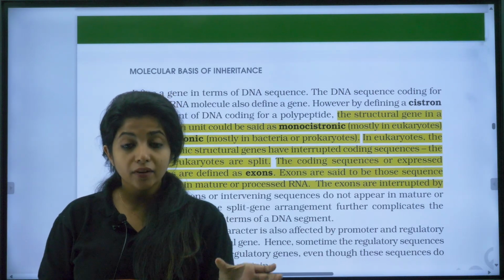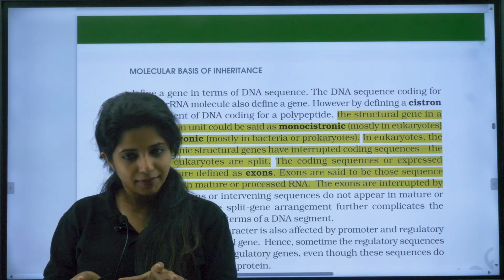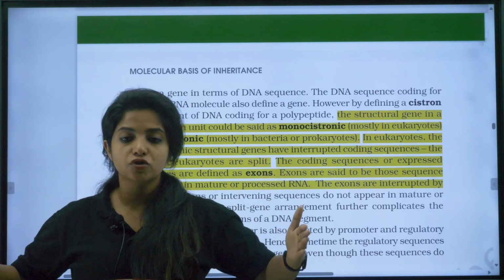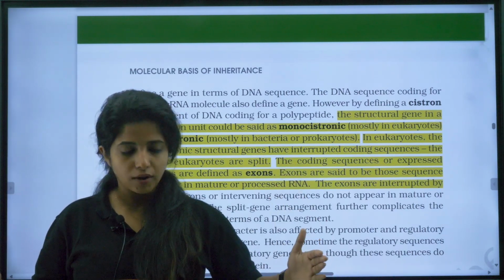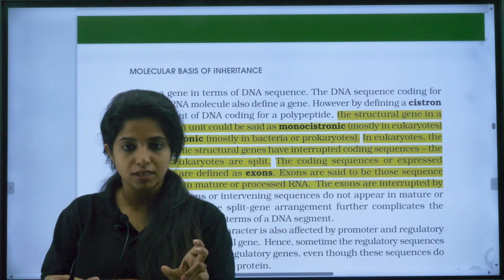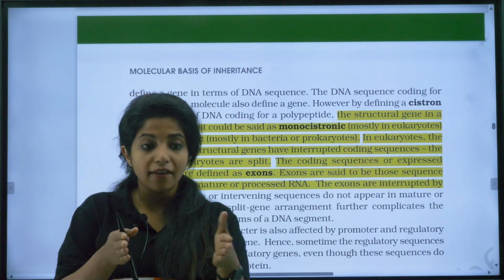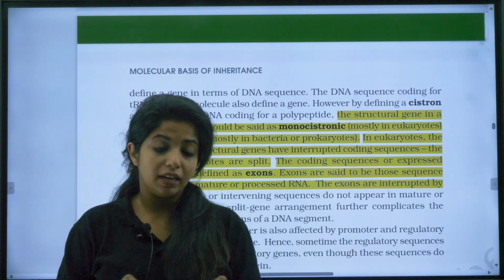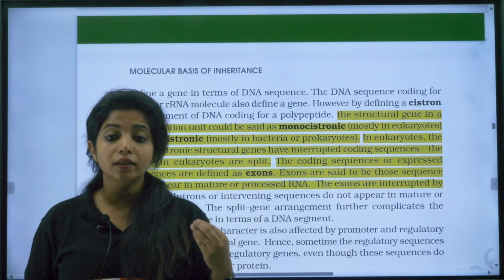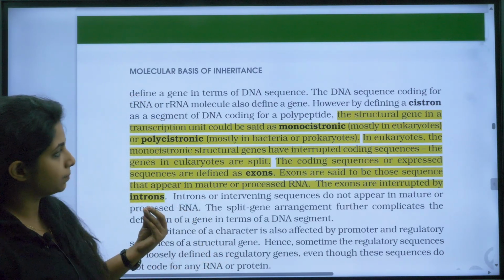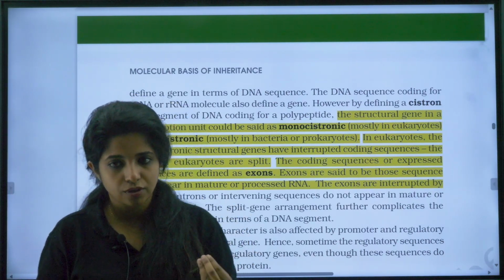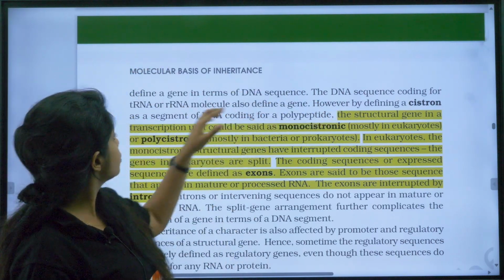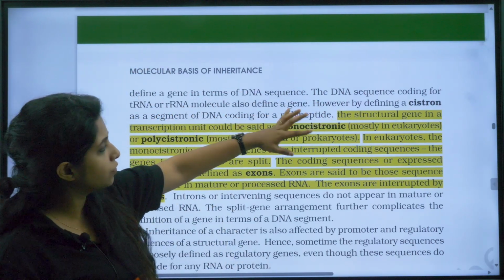Monocistronic means there is one cistron, and in one cistron you would be having multiple genes. These genes have some space in between that does not code for anything. You call these introns. And the area that codes, you call exons. So over here, the DNA sequence coding for tRNA or rRNA molecule is also defined as a gene.